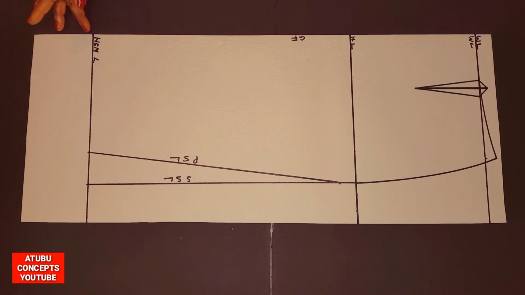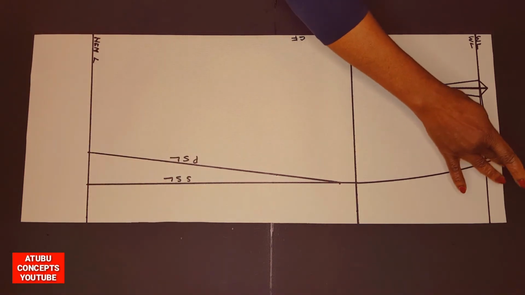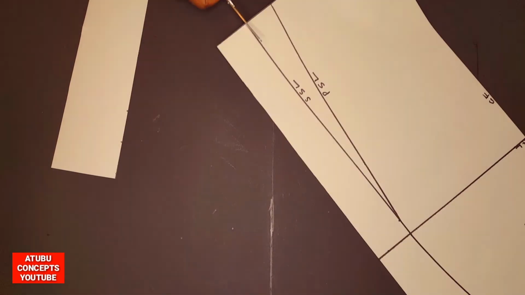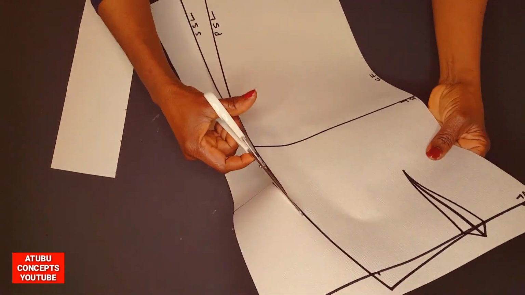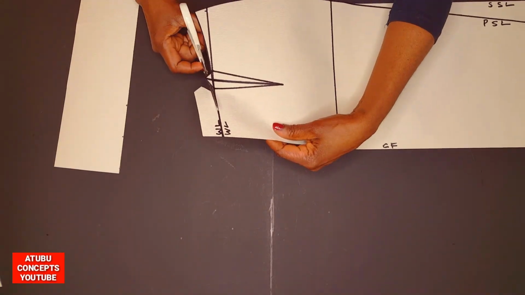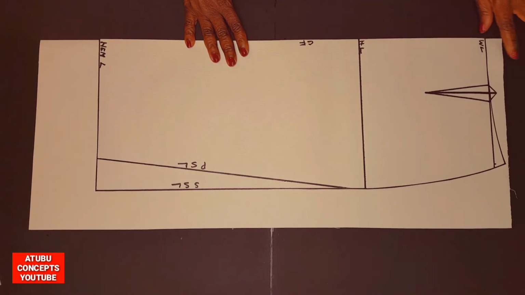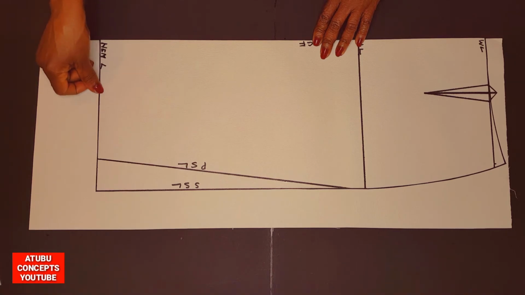The next thing I'm going to do is to trim the edges out. I'm going to use this front block to give the back block the same exact shape like we have in the front.